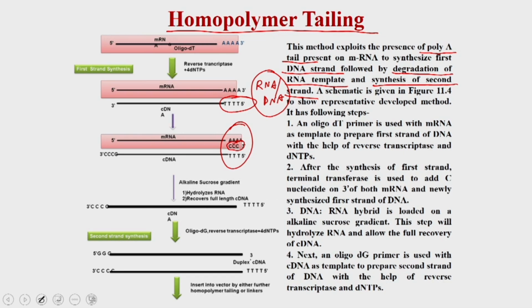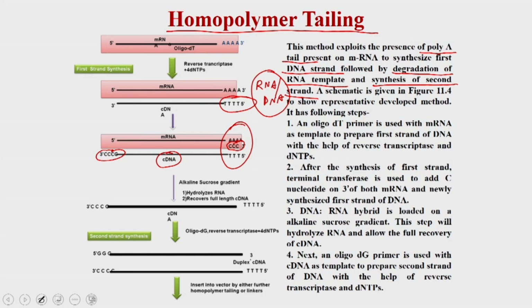Once you do that, it is going to put the CC on the 3 prime end of both the strands. In this case, it is going to put on this side, and in this case it is going to put on this side. So, in this case you are going to have the CCC on the DNA strand, because you have used the terminal transferase. So, that terminal transferase is going to put the CCC on the DNA on the 3 prime end.